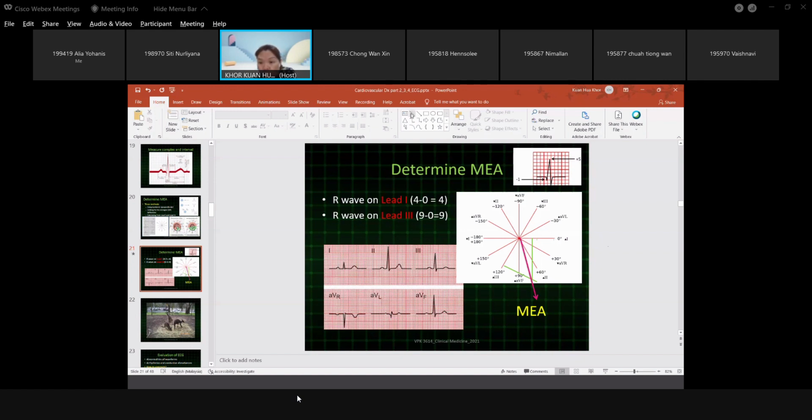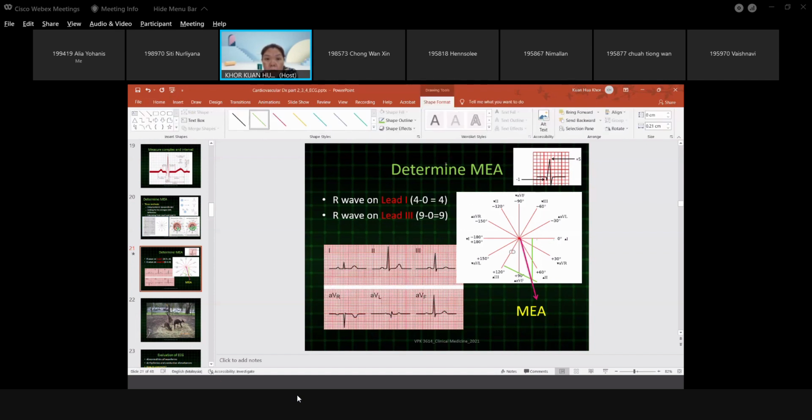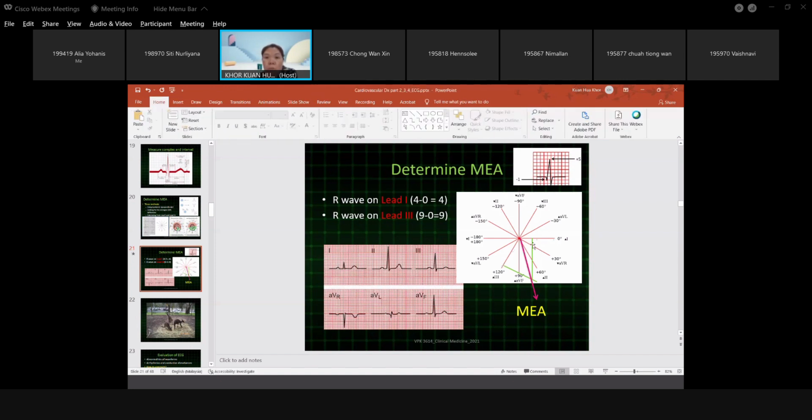Then I put another one more. I'm interested in lead 3. I put this as another 5, then another one. Say this is my 10. Can you see this 10? Okay, so you look at lead 1, lead 3.